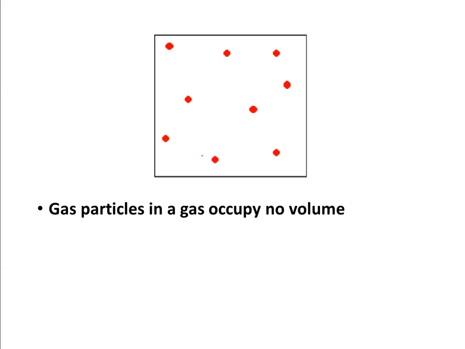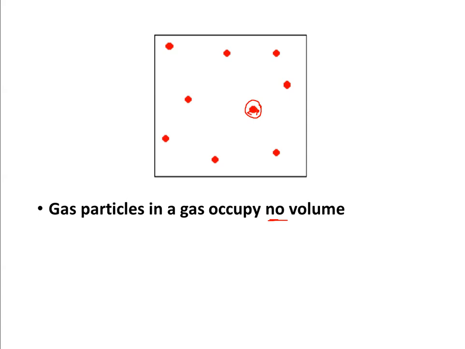The second postulate that we're going to be using to think about these gases is that the gas particles occupy no volume themselves. They're going to be in a container, so the gas as a bulk substance will have volume, but we're going to pretend that each little particle doesn't take up any space.